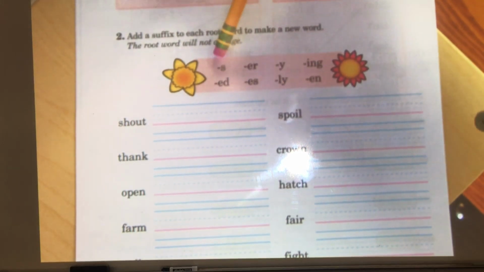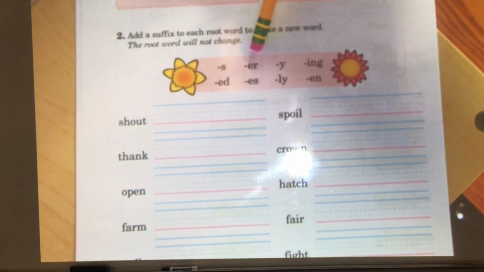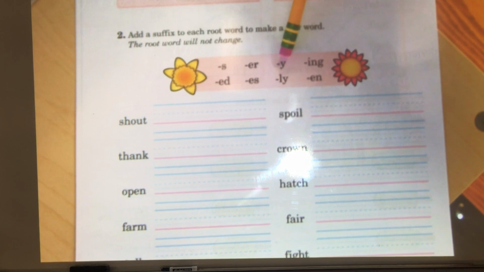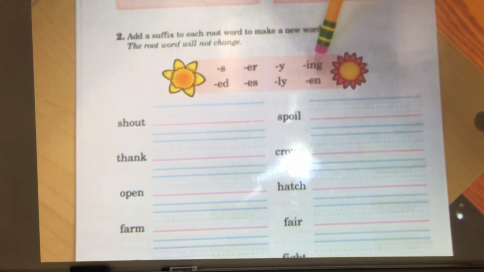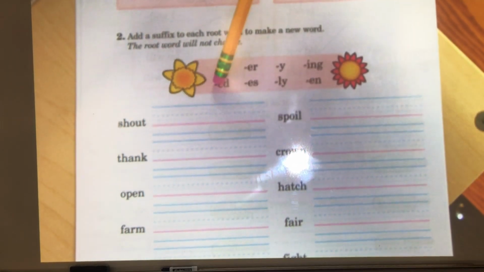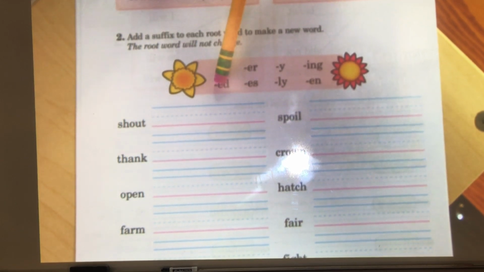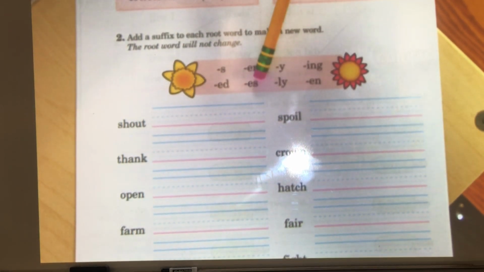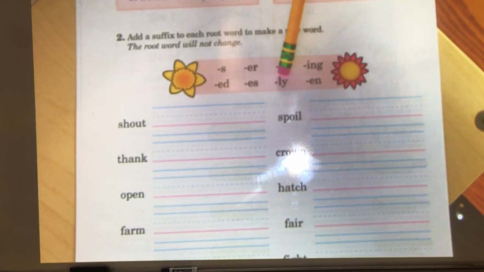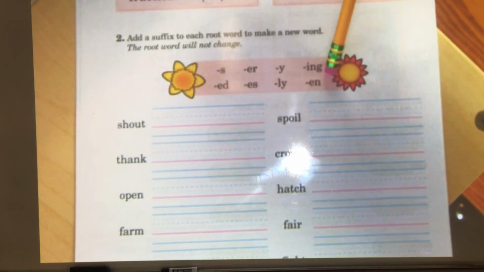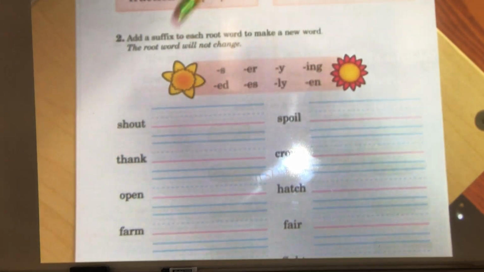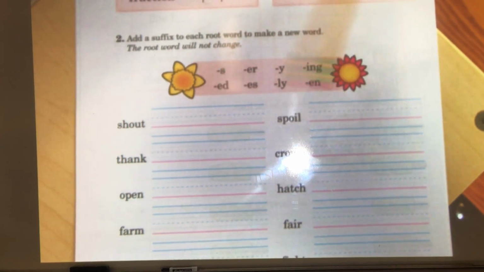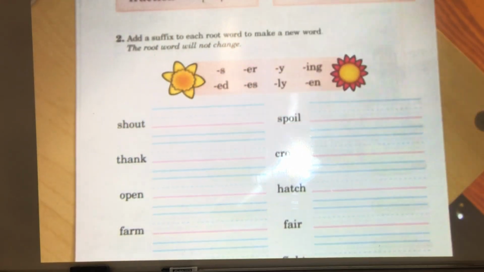We learned the s in bigger, e in rainy, ing in pointing, ed in wanted, t in look, and d in played, es in peaches, ly in slowly, n in sharpen. You're going to add these suffixes to these root words.